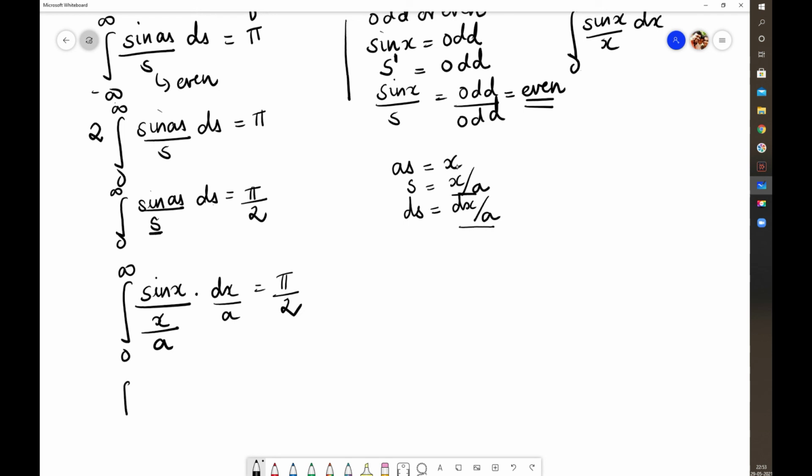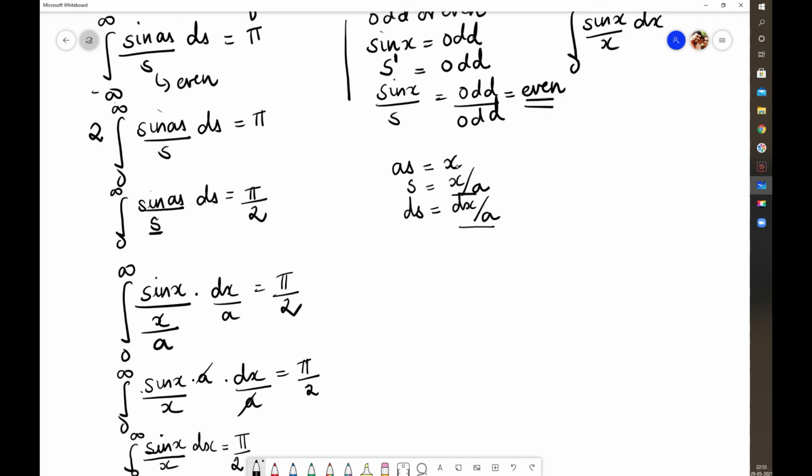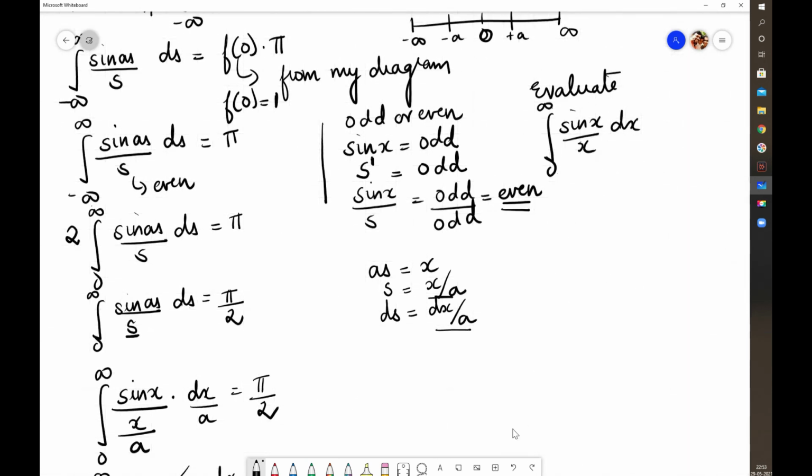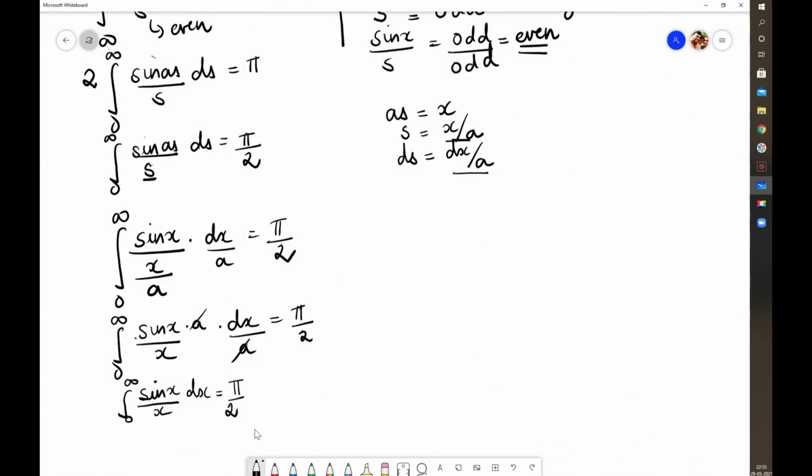This x goes on the top, 0 to infinity, sine x into a by x into dx by a is equal to pi by 2. So this a and a get cancelled. What is remaining? The integral from 0 to infinity of sine x by x dx is equal to pi by 2. So hence we have found that the integral from 0 to infinity of sine x by x dx has the value pi by 2. Hope it is clear. If you have any doubts, you can ask me.